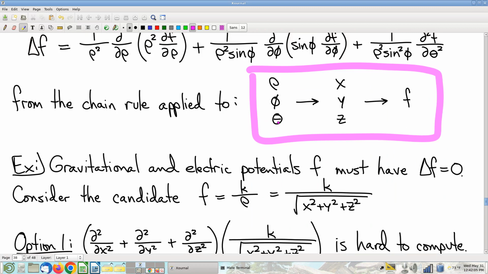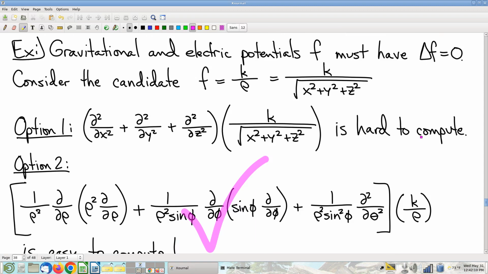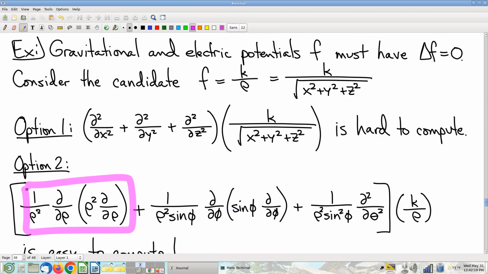Pausing real quick for questions. Anybody? Yep. So in that first term of option 2, this one here? The first on the page, yeah. Okay, gotcha. So the partial of rho is going to be 1 over rho squared, so that is going to become 1.